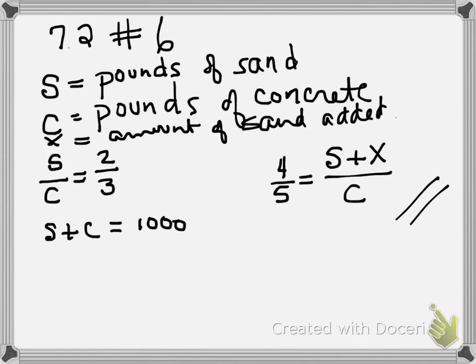So I'm thinking, well, if I know that the relationship of sand to concrete is 2 to 3, okay, that means if I have 2 S's, I have 3 C's, right? Okay, so what if I have 1 S? Okay, so I'm going to think back at this.